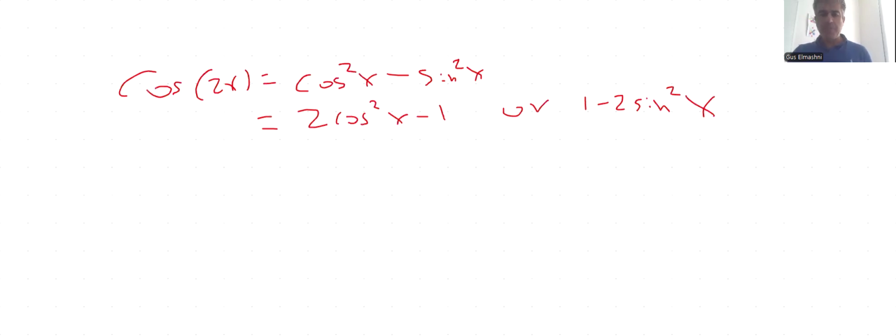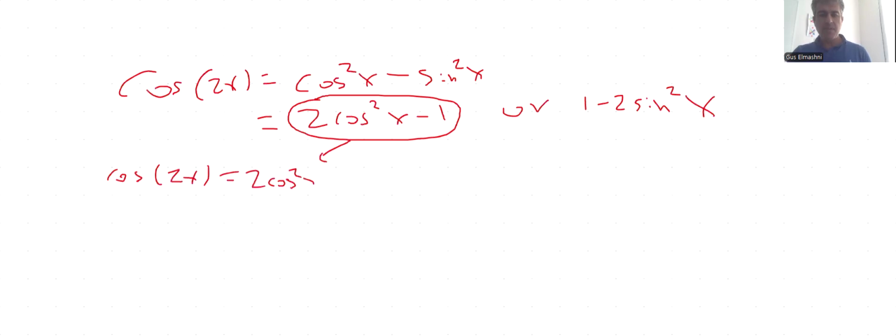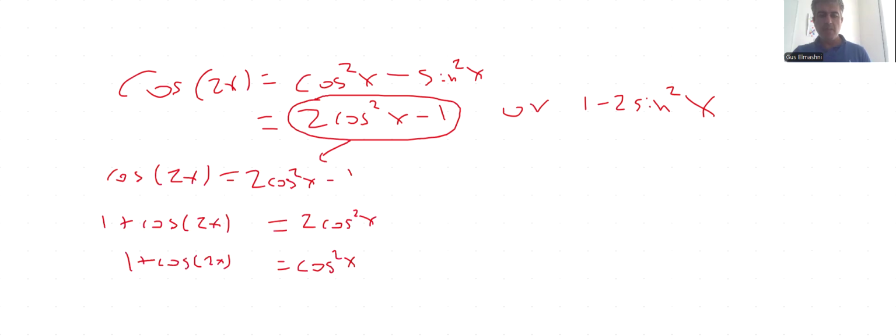Okay. So cos 2x equals this, right? So you add 1 to both sides, and divide by 2, and then square roots.